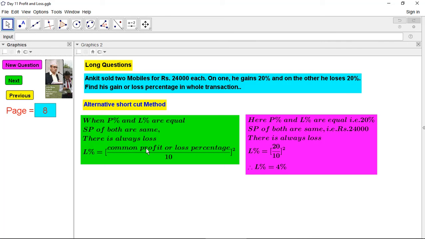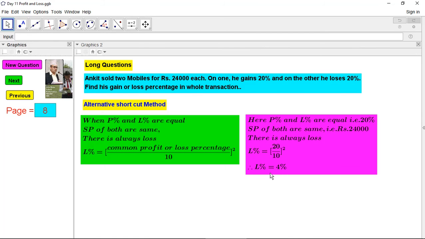So here 20 by 10 whole squared is 4% loss. This is a very shortcut method, dear students. You have to remember two conditions: selling price of both items is the same, and profit percent and loss percent are the same. In that case, there will always be a loss, which is 4%, or 20 by 10 whole squared.